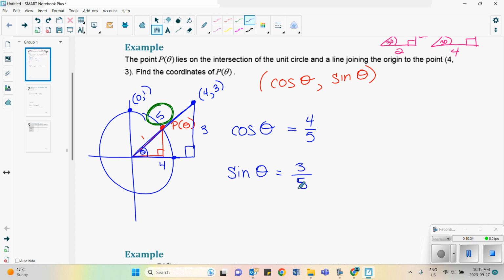So what is the coordinate pair at P theta? There you go. Like I said, not hard math, but easy to get confused with all the math I expect you to remember how to do.